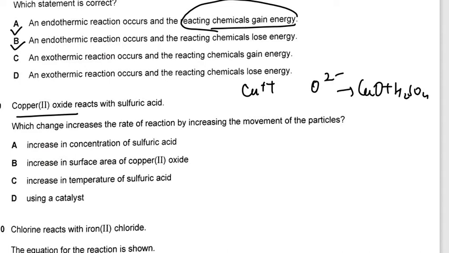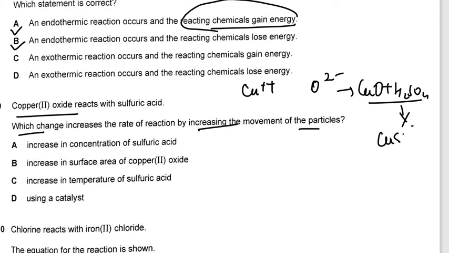Which change increases the rate of reaction by increasing the movement of particles? When you increase the movement of particles, more reactions will happen. This is a kind of neutralization reaction, where acid and base react and you will see the copper sulfate.